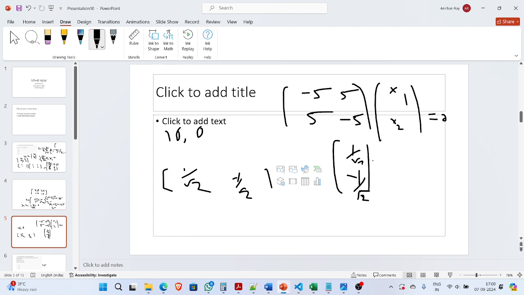Next, we're looking at the eigenvector. If we solve the eigenvector problem, this is what it becomes.